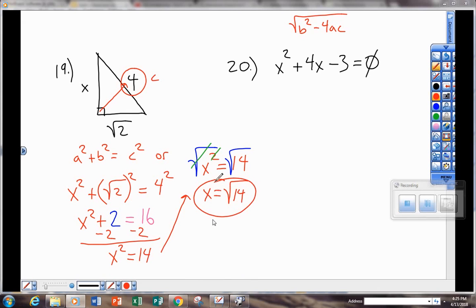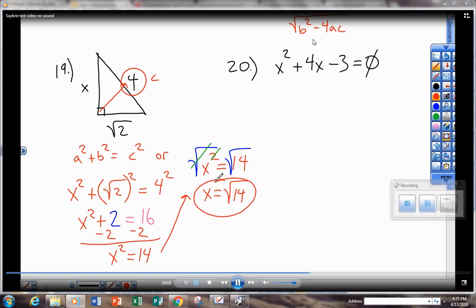Alright, 20 has you start to do the discriminant test. The discriminant test is b squared minus 4ac. Just remember, a is this number 1, b is 4, c is the plain number. If you plug those in and get a positive number, that means you have two real roots.